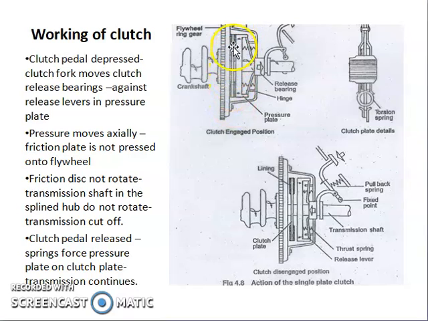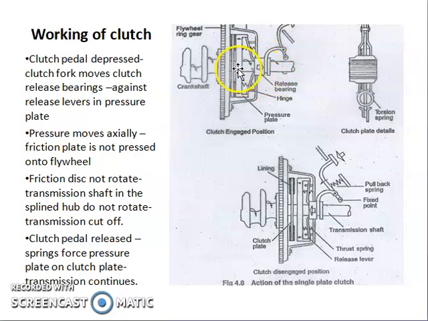This represents the friction lining, the pressure plate which forces the friction plate against the flywheel, and then you can see the compression springs. Then you can see the release levers or release springs. Here you can see the release bearings.